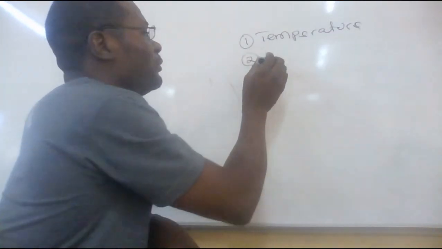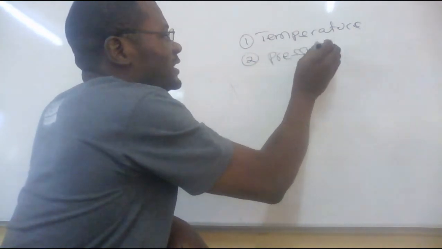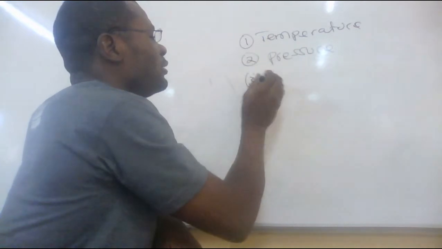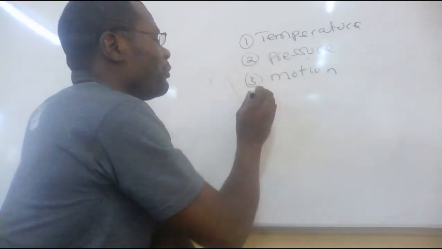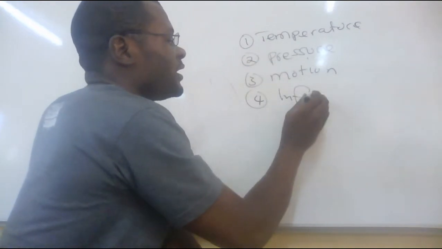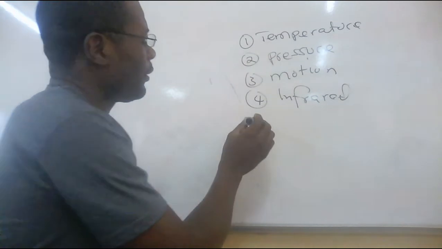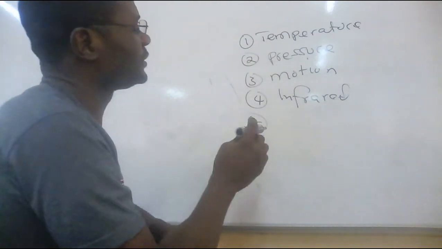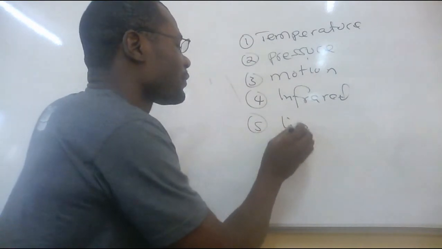Two, the pressure sensor. We can talk about the motion sensor, the infrared sensors. What else can we talk about? There are a lot of these. There are light sensors.